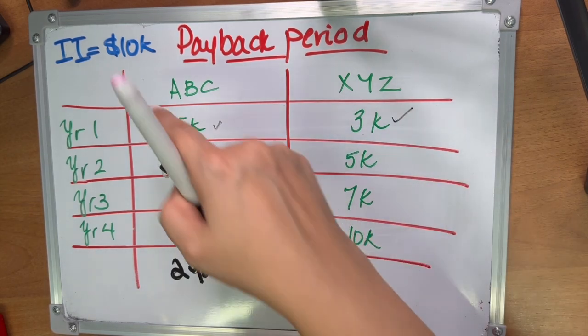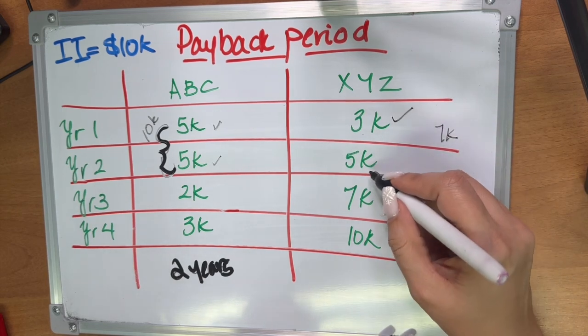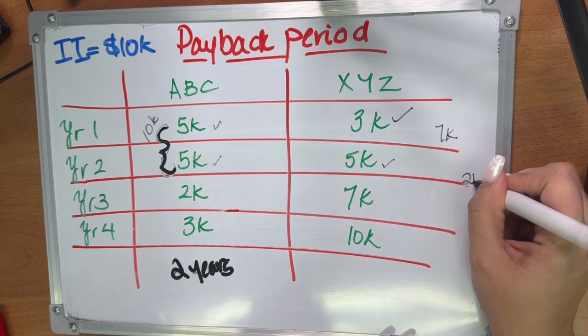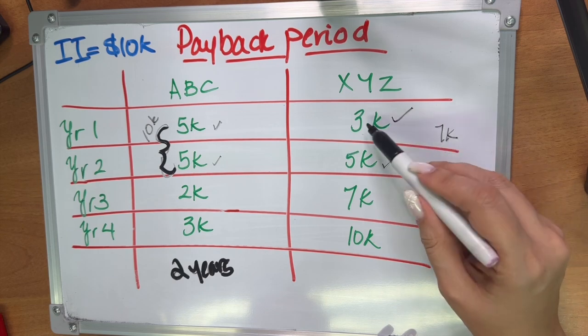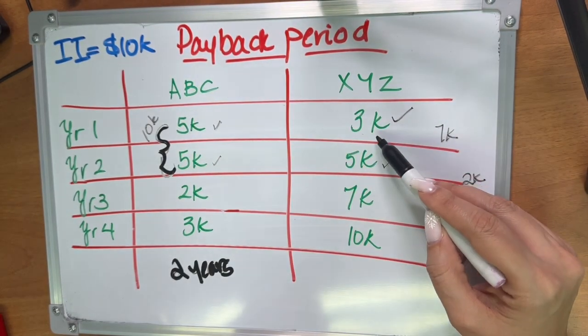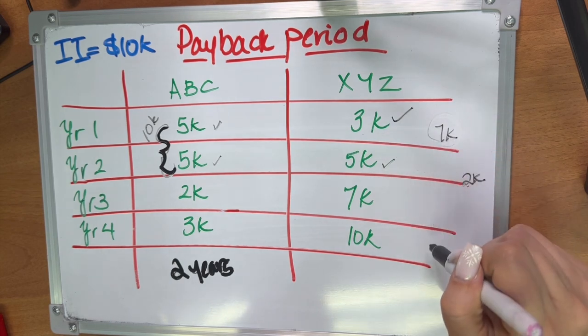Now, for XYZ, in the first year, I'm getting 3,000. So how much remains? 10 minus 3, 7,000. In year 2, I'm getting 5,000. So how much remains at the end of year 2? 2,000, right? So let's do that again. My initial investment of 10,000, I get back 3,000 the first year, so 7,000 of my initial investment remains.